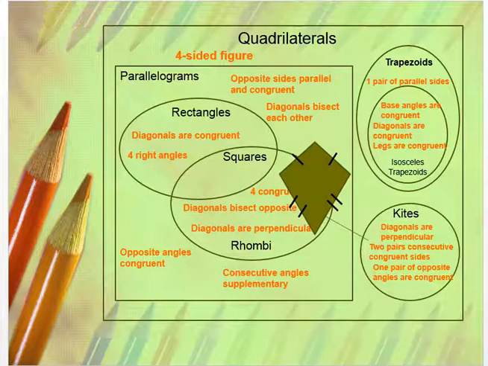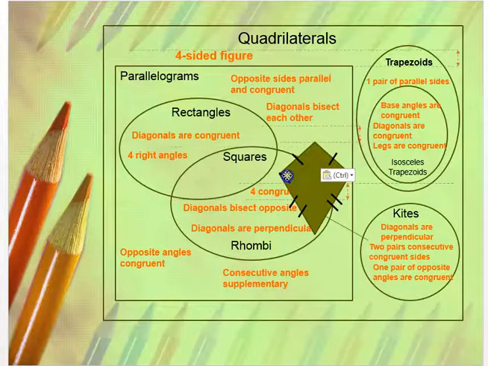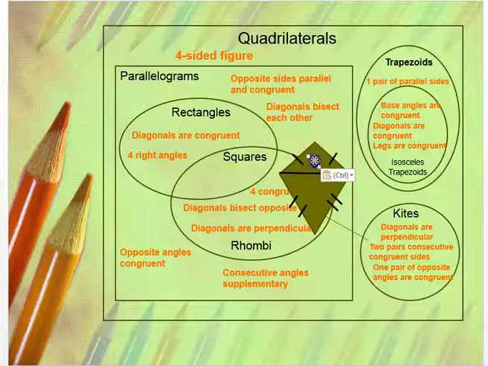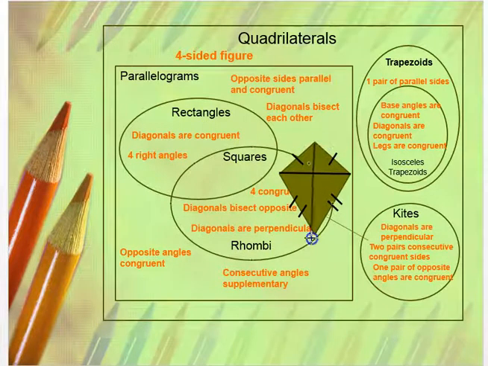The diagonals form a right angle. So if we put our diagonals in here, they're going to cross at a right angle. That is a unique property to kites and rhombi. That's important. And then 1 pair of opposite angles are congruent.